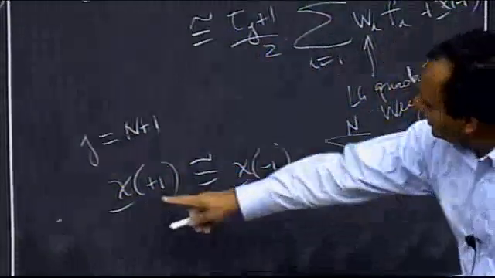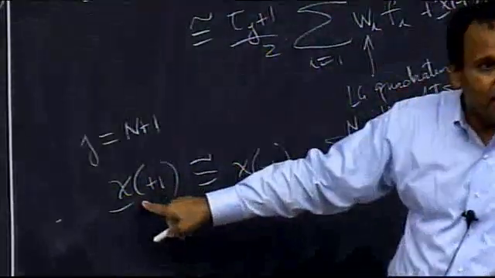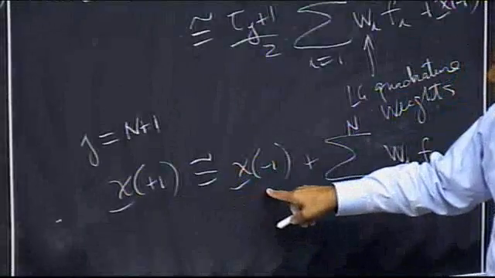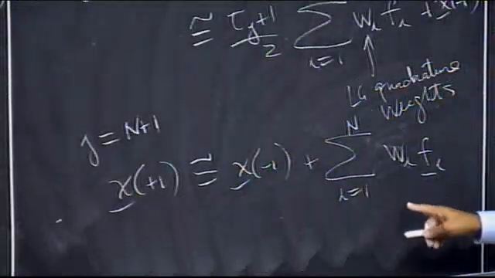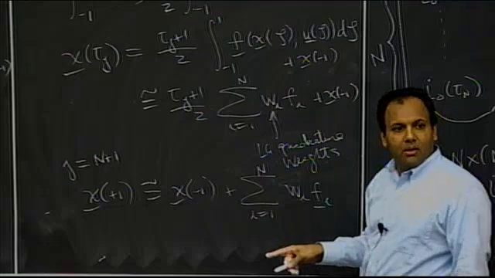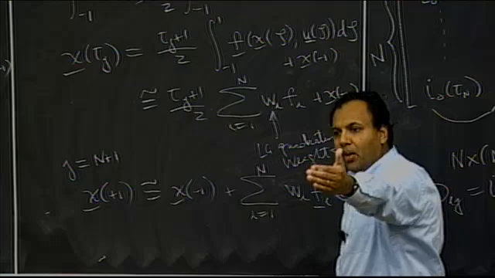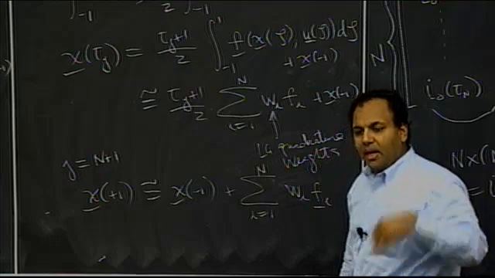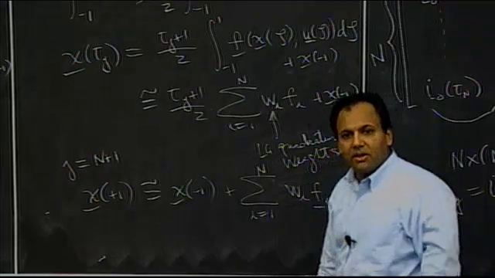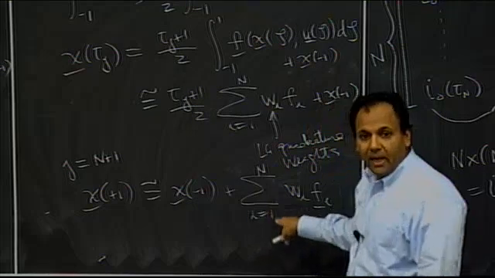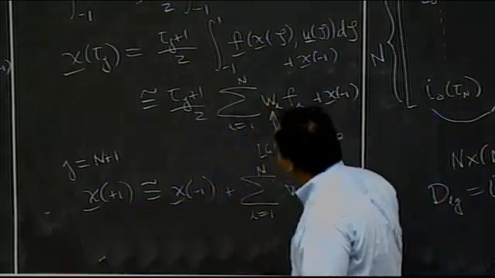So what this says is that the final value of the state is equal to the initial value of the state plus the integral approximation from negative 1 to 1. Isn't that what it's equal to? If I want to integrate to get to the end point, I start at the initial point and I approximate the integral across the interval. But the integral is approximated by Gauss quadrature. So this becomes the standard Gauss quadrature.